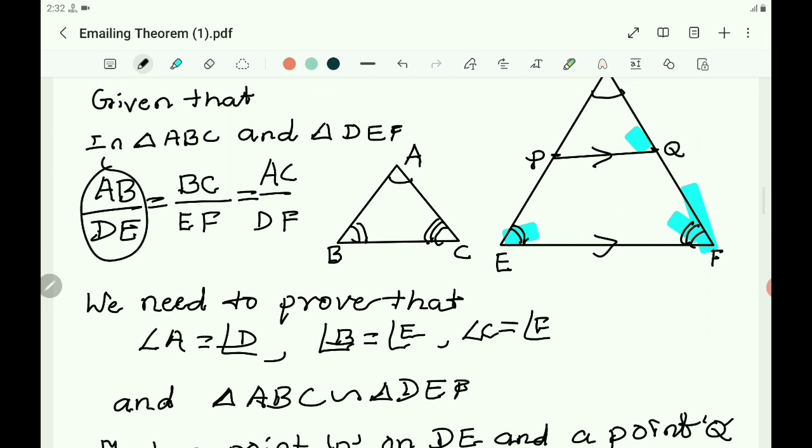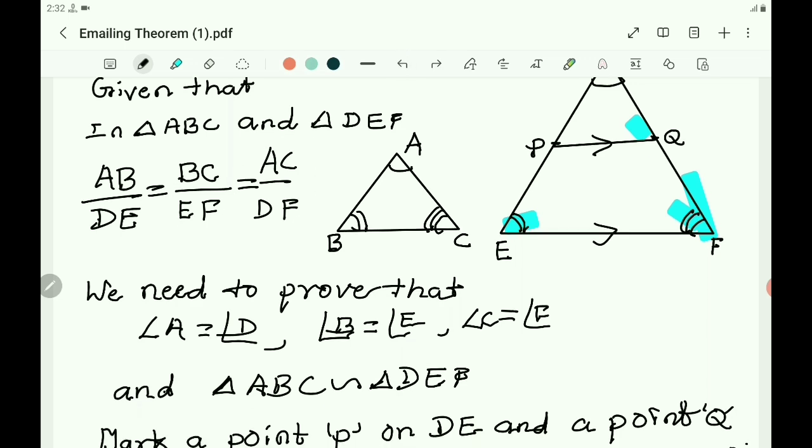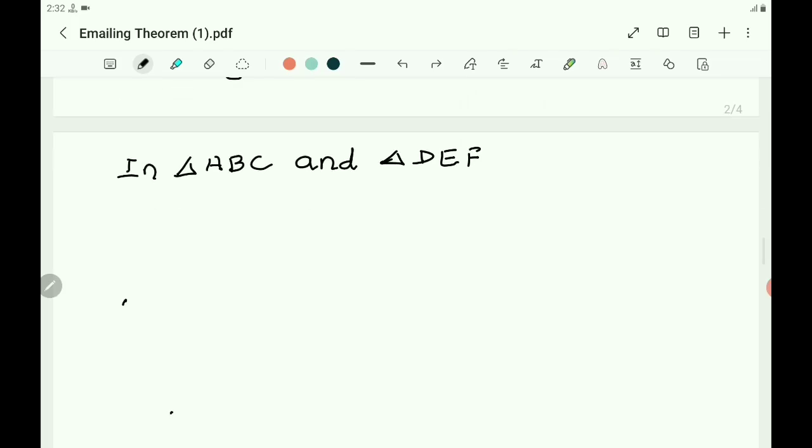AB by DE is equal to BC by EF is equal to AC by DF.